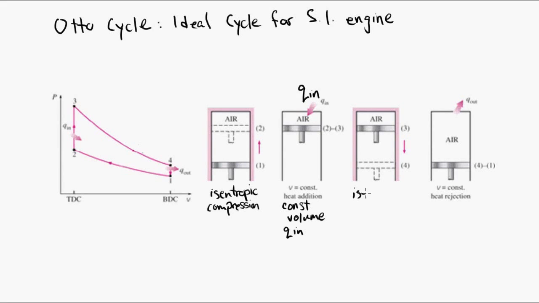In the ideal cycle, it's isentropic expansion as the piston moves down to BDC. Again, isentropic means no irreversibilities and no heat transfer. And then the 4th stage is heat removal at a constant volume.